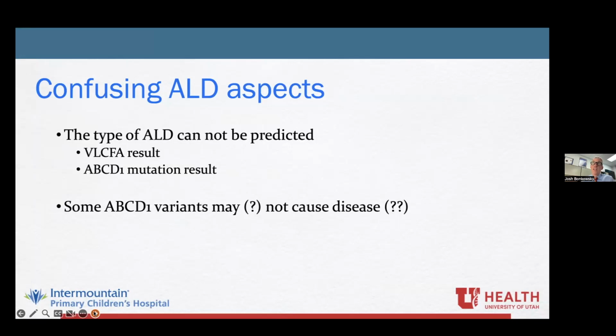And then finally, over the past 2 to 4 years, I'd say, as the community in the ALD world has screened more and more people for ALD, in particular with newborn screening, it's become clear that there are many variants out there where there may or may not be disease.